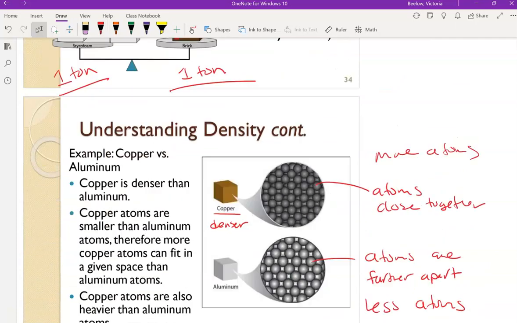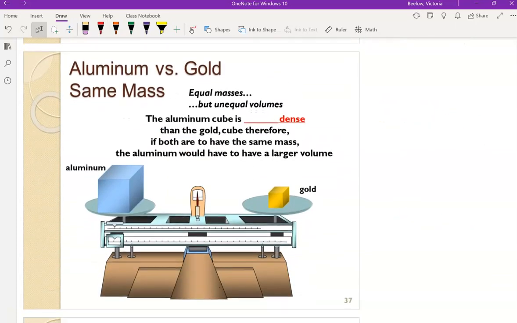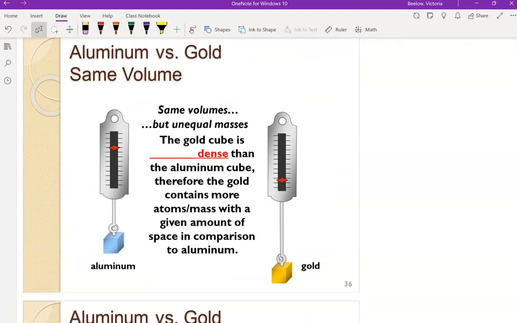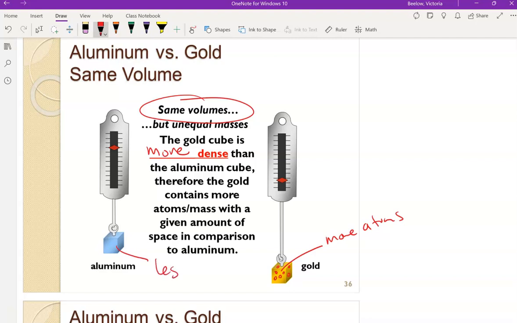Versus this example here. If you have two objects that have the same volume, meaning they're both taking up the same amount of space, it's very clear that the gold cube is more dense than the aluminum cube because there's more atoms in this amount of space in comparison to less atoms in this amount of space.